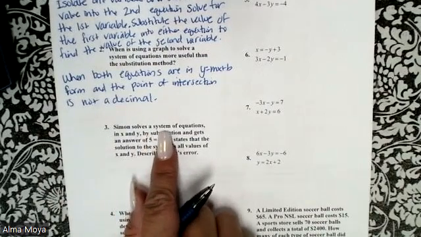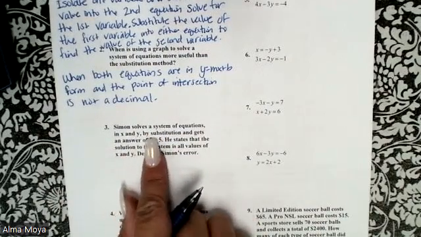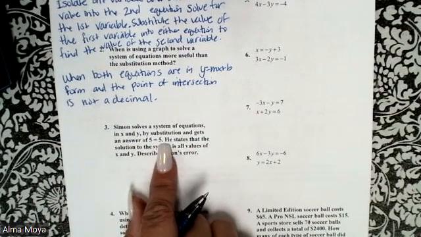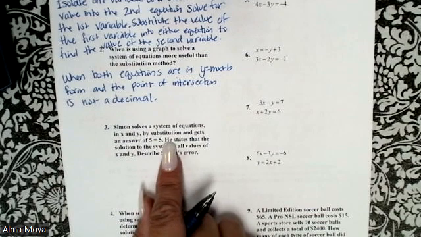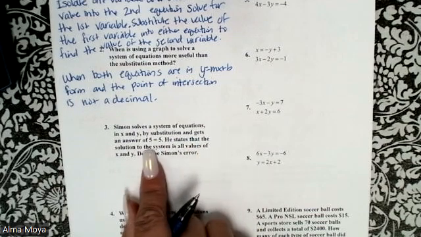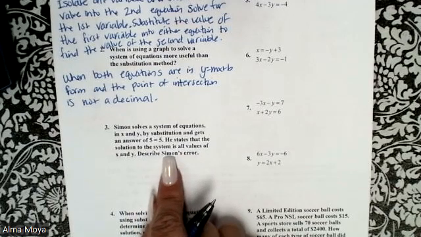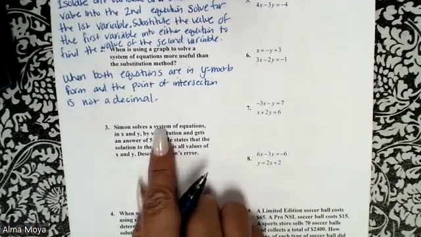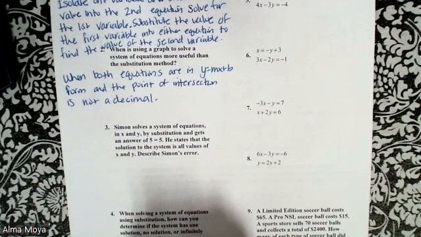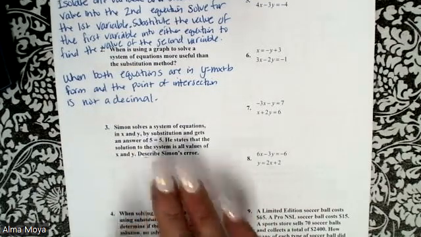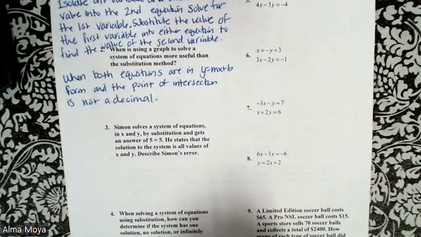Simon solves a system of equations in x and y by substitution and gets an answer of 5 equals 5. Okay, so that means all the variables cancel. He states that the solution to the system is all values of x and y. Describe Simon's error. So although 5 does equal 5, the solutions right here just basically mean that they're coinciding lines.